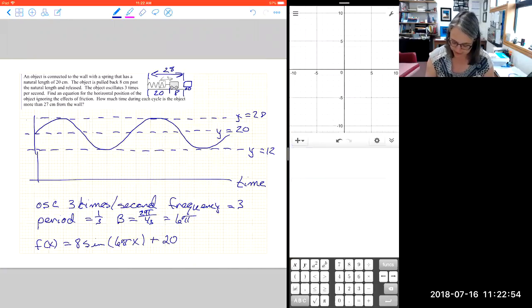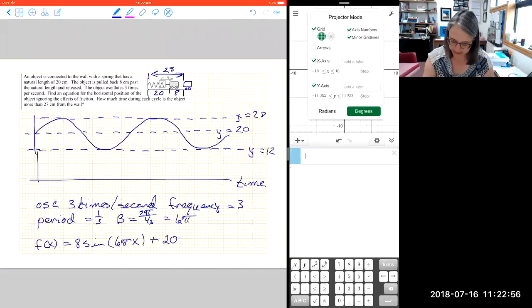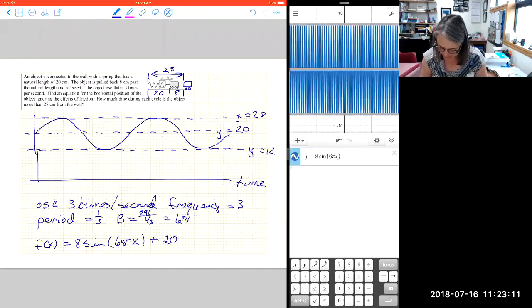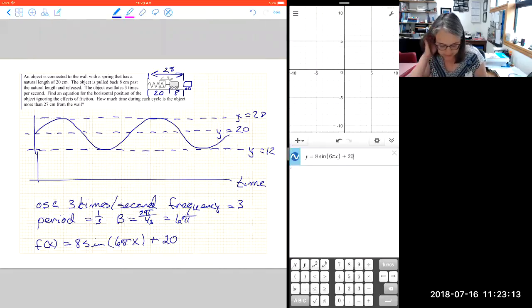So if I graph that, put myself back in radians, y equals 8 times the sine of 6 pi x plus 20.